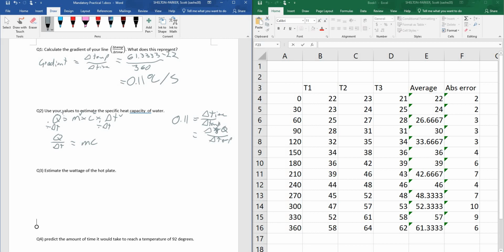Our gradient, without knowing what Q specifically is, we know what Q divided by delta T is, and it's our value 0.11. 0.11 equals MC, and I believe our mass was 200 grams, wasn't it? 200? 250? I don't know.